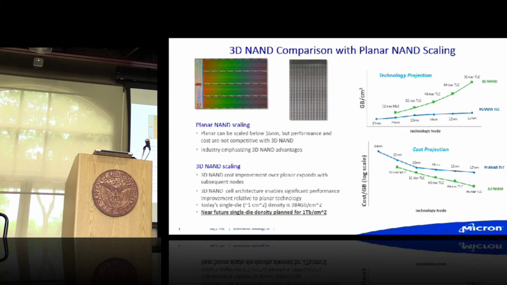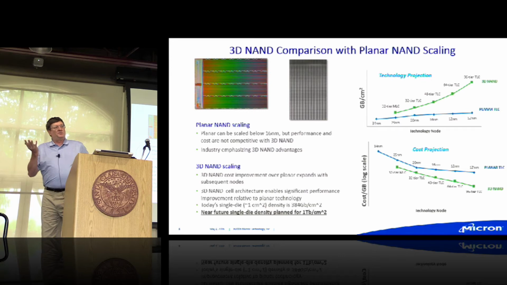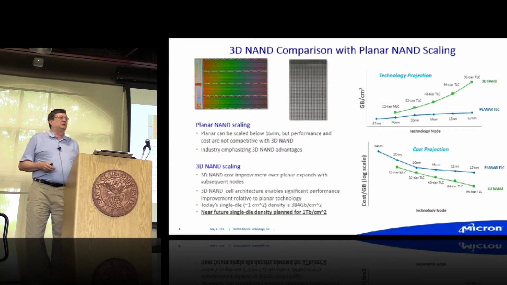MLC a little under, TLC a little over. Right, but that's today. Right, this is a goal of many in the flash industry is a terabit per square centimeter. And then again, do the math, now we're 6 and change terabits per square inch. And then again, I can vertically package those in a stack, 4 high, 8 high, 16 high. Again, 32 and 64 high is a big challenge.